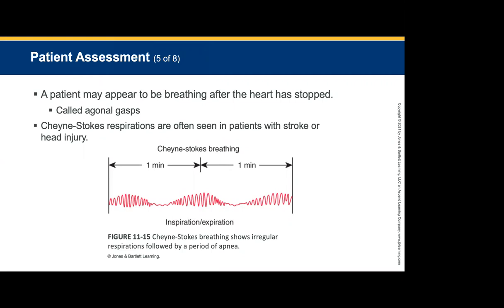So on your heart rate, the heart rate returns to normal as long as you're doing the proper CPR and ventilations. You'll see a decrease in pallor or cyanosis, because if you're providing adequate ventilations, the color of the body is going to return.